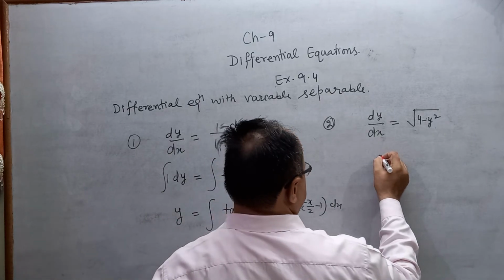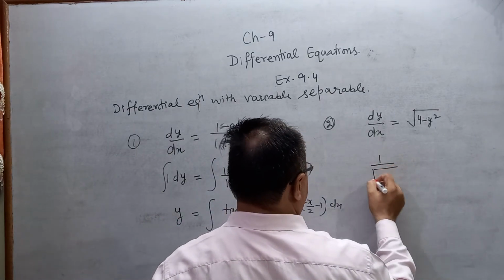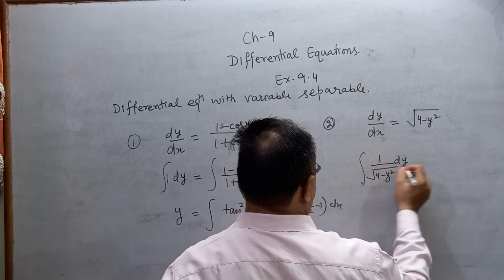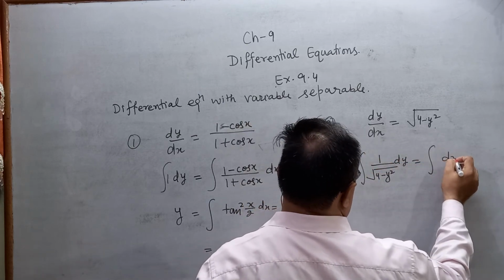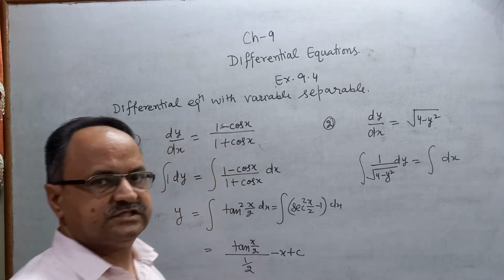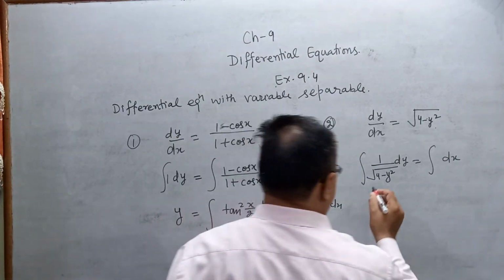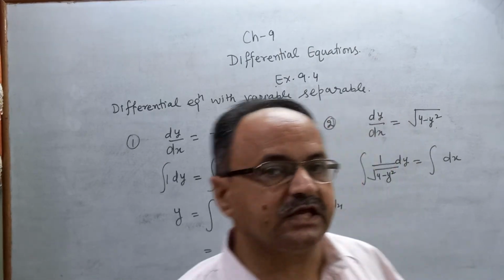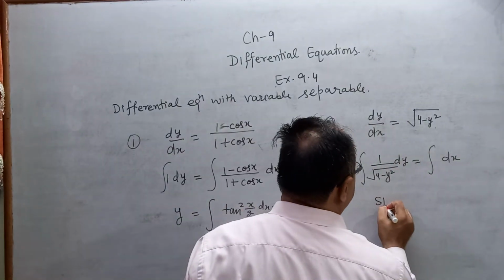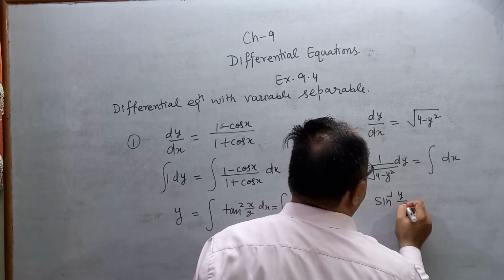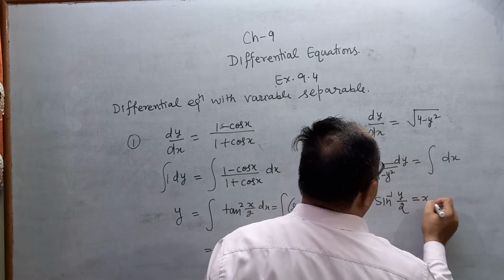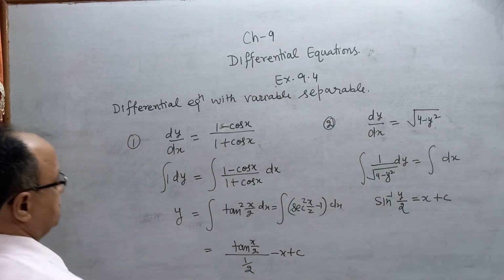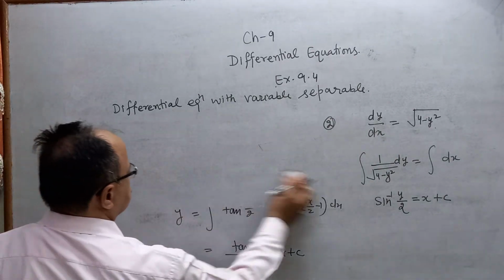In the second question you can write 1 by root of (4 minus y square) dy, separate, then integrate. This is the type 1 upon root of (a square minus x square), the integral is sin inverse x by a. You can say sin inverse y by 2 is equal to x plus c. This is the answer of this question.